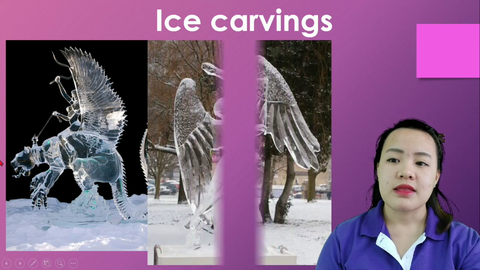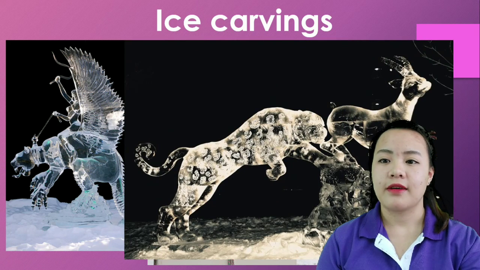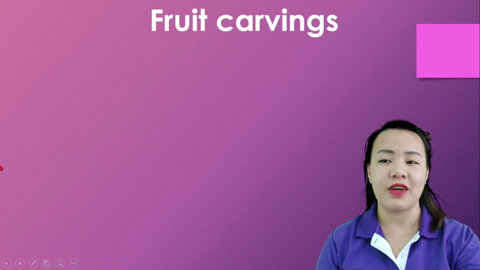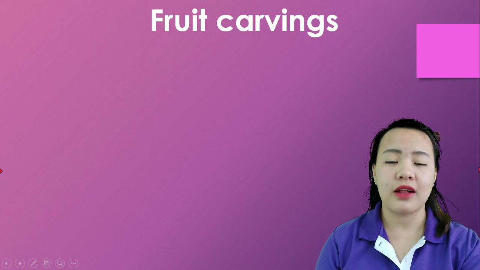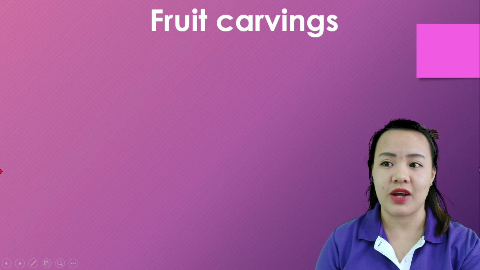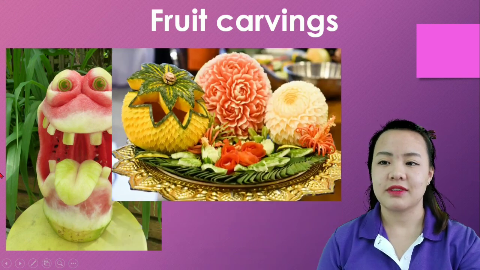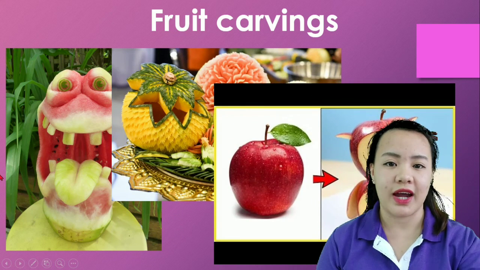Next, another example. Next one will be fruit carvings. You can see this one in hotel restaurants or in a restaurant. This one, another example. Those are some examples of fruit carvings.